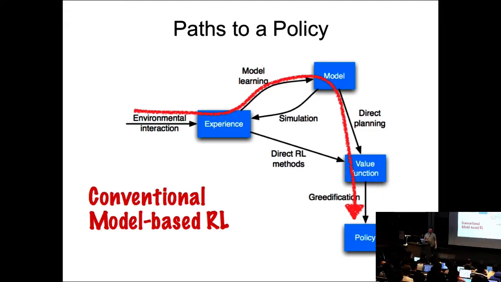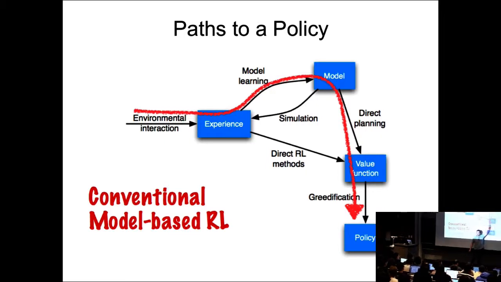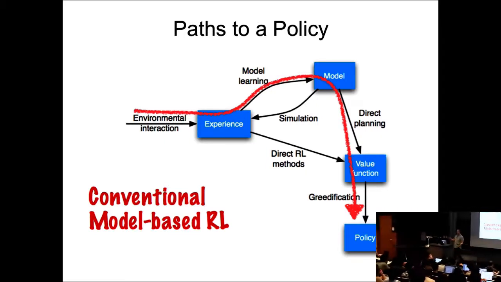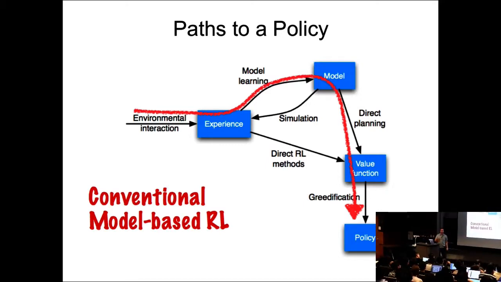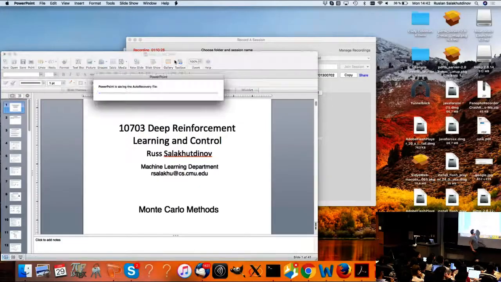Once you have the model, you can go directly to evaluate the value function. If I know everything about the world, I can compute expectations and transition probabilities: the next state, given my current state and the action I take. I can take an expectation with respect to that, evaluate my value function directly, and then get the optimal policy.